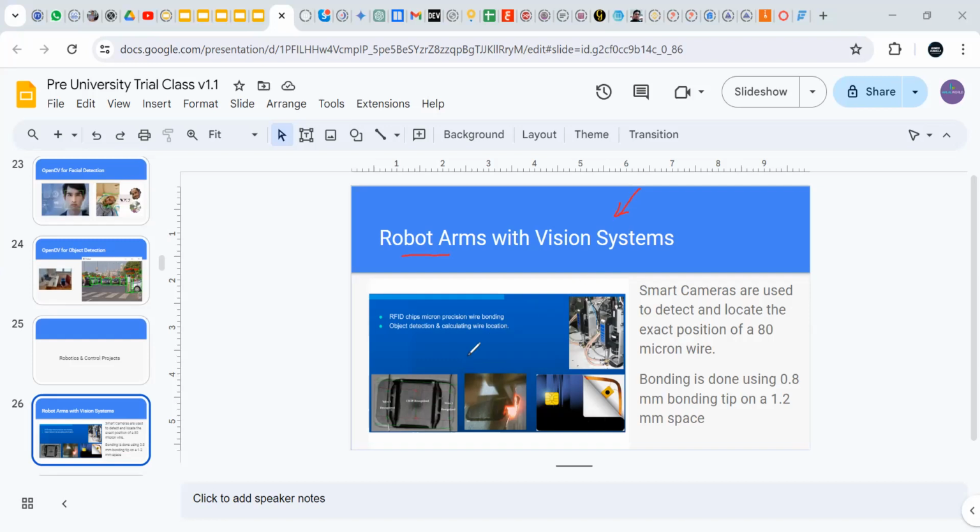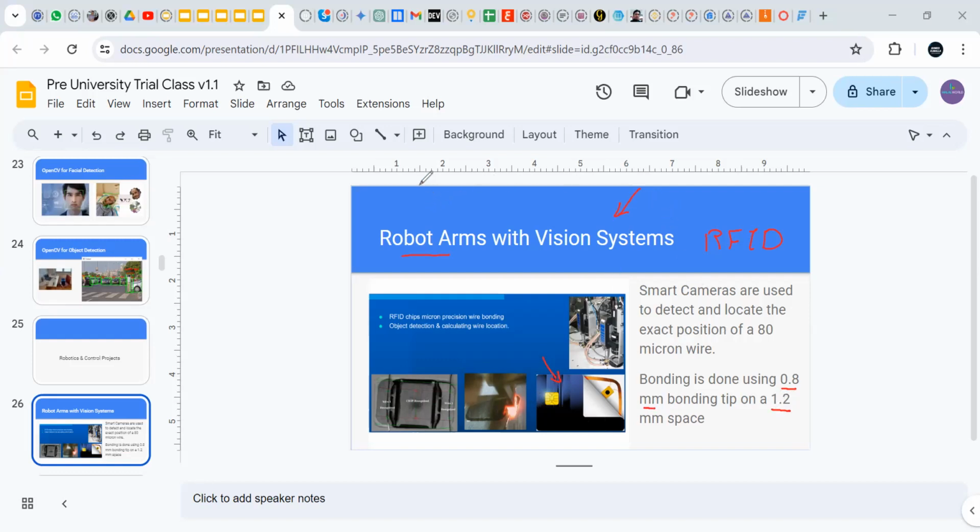In this case, have you heard before about RFID? That is what is used for creating cards and passports. This is the chip that stores information inside the RFID itself, and these are the wires that need to be bonded to the chip. We need to bond that 0.8 mm wire using a 1.2 mm bonding tip.